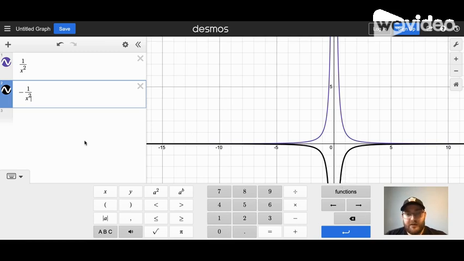So from this we can see that if we have a positive function that has x in the denominator to the power of a positive even power, this means that the limit as x approaches 0 is going to be positive infinity.